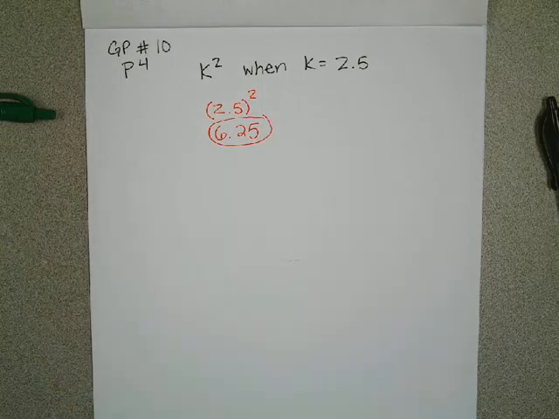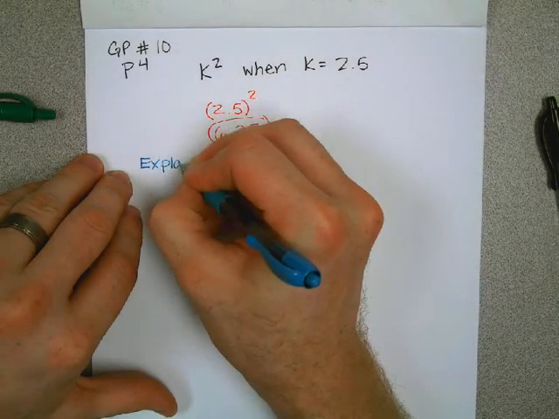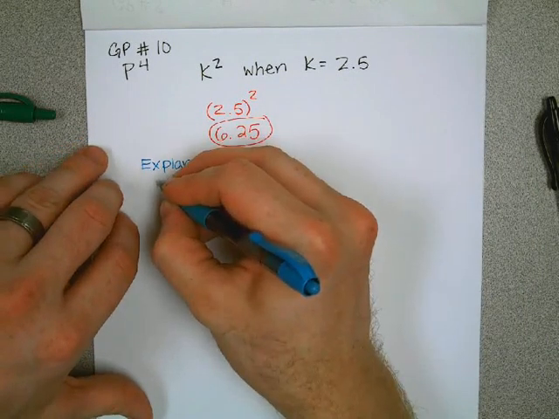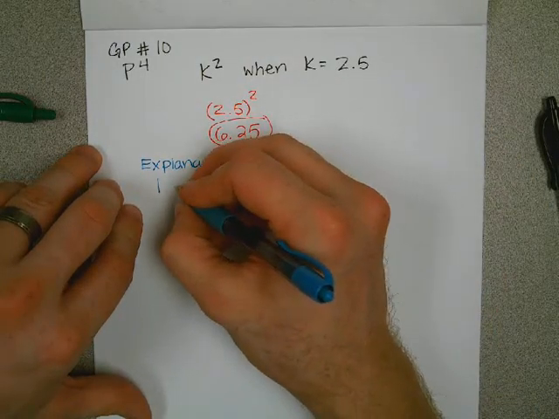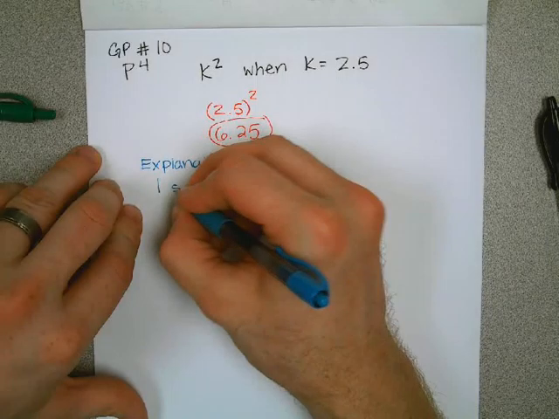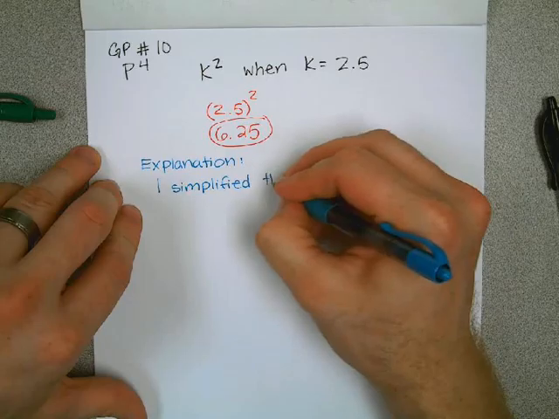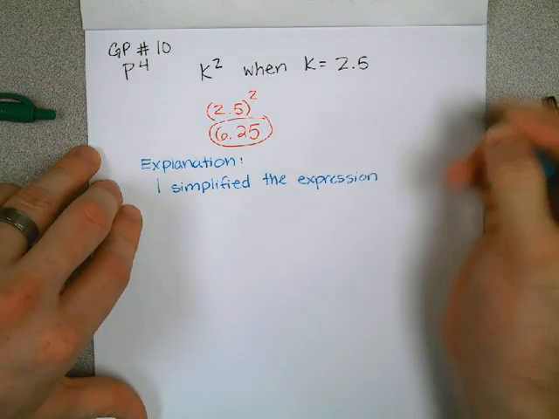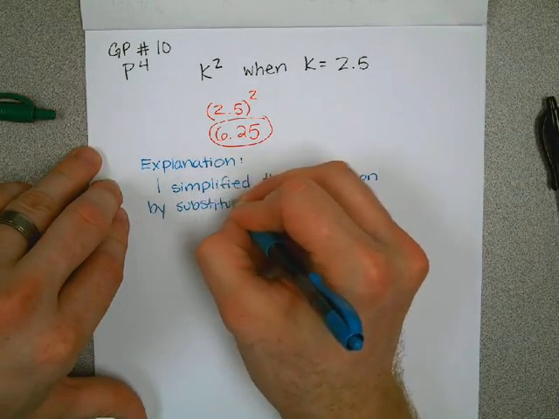I simplified the expression by substituting 2.5 in for k, and then solving.